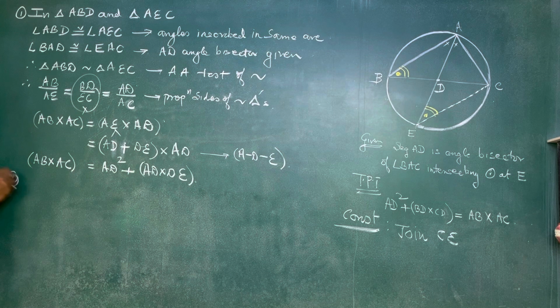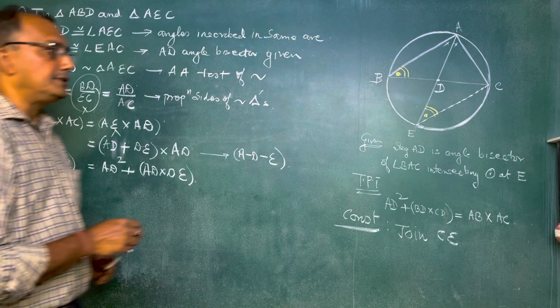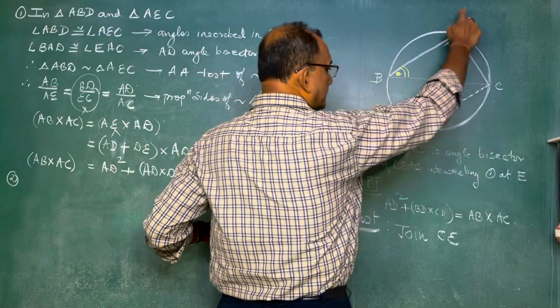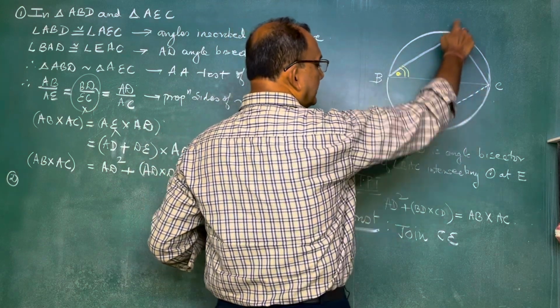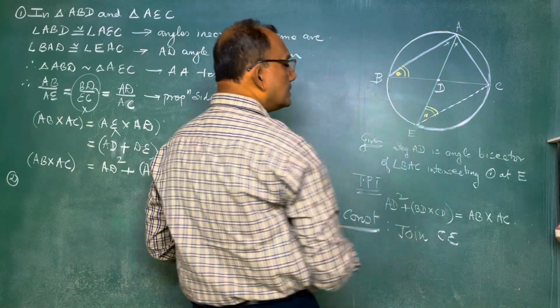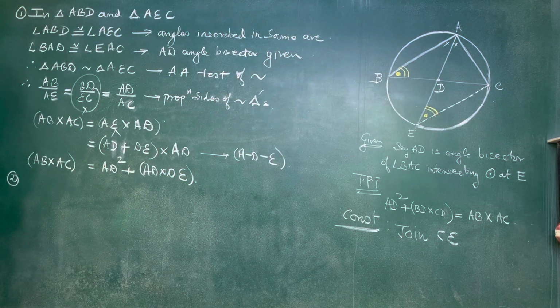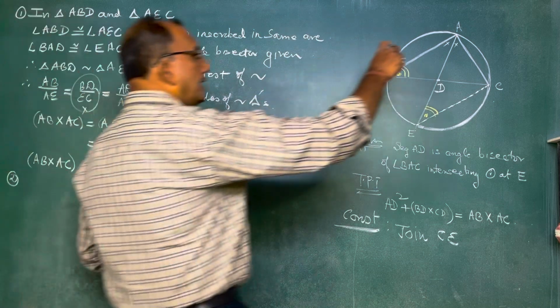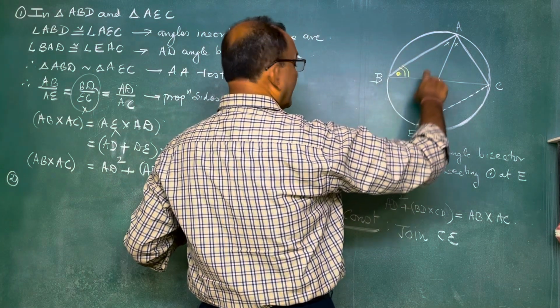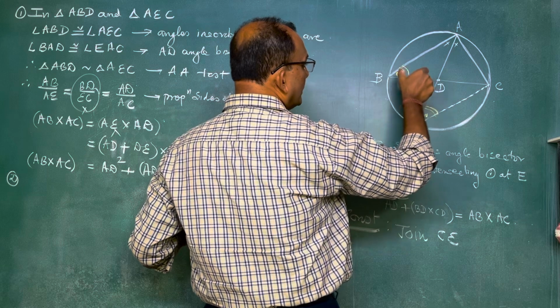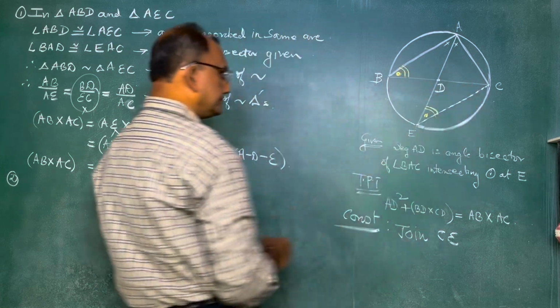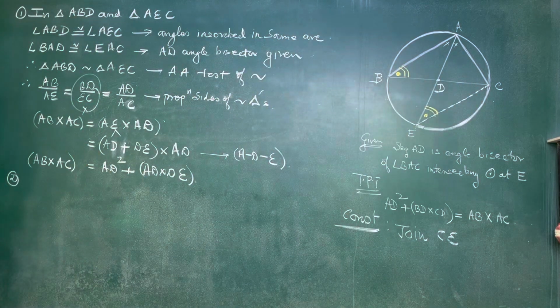Point number 2. I had even told you that there are two chords which are intersecting internally. If I use the property of internal division of chords, can I get something? I'll get AD into DE is equal to BD into DC. Can I put that property somewhere here?